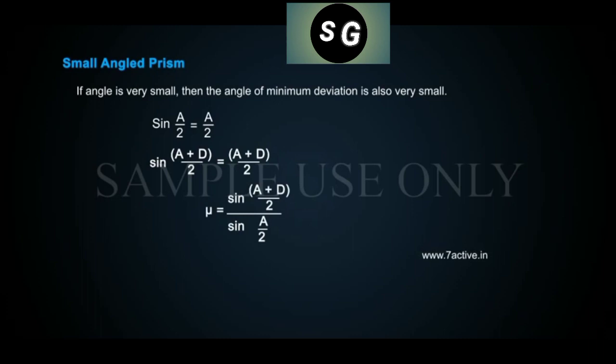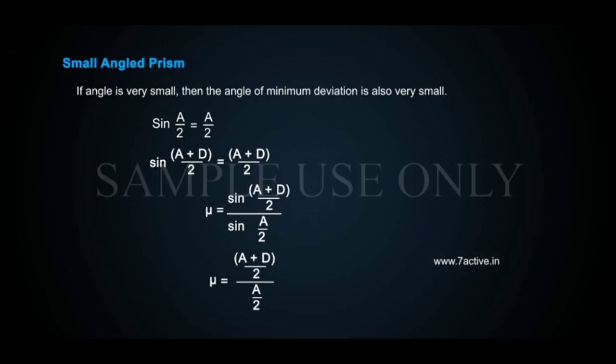Now we can substitute the values in the previous equation. Mu equals sin((A plus D) by 2) by sin(A by 2), which is ((A plus D) by 2) by (A by 2).